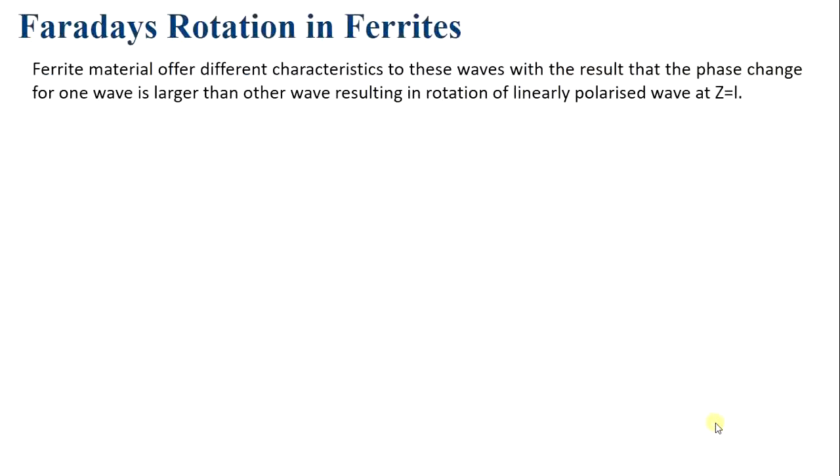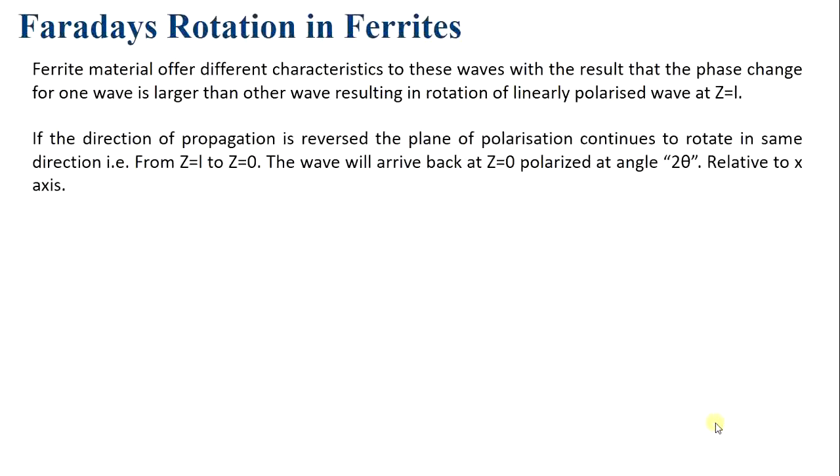So ferrite materials offer different characteristics to the wave, with the result that the phase change for one wave is larger than the other wave, resulting in the rotation of a linearly polarized wave at z equal to L. If the direction of propagation is reversed, the plane of polarization continues to rotate in the same direction, that is from z equal to L to z equal to 0.